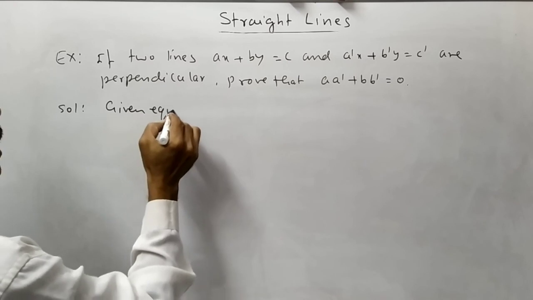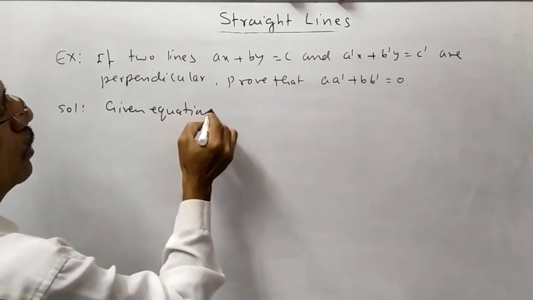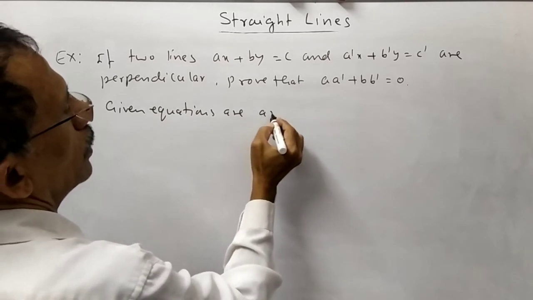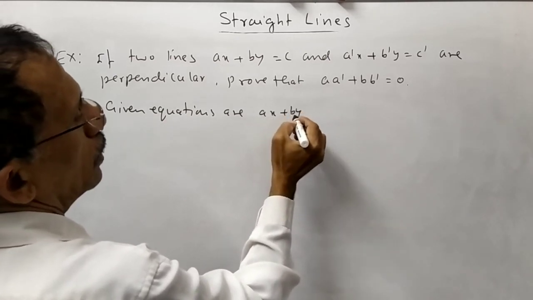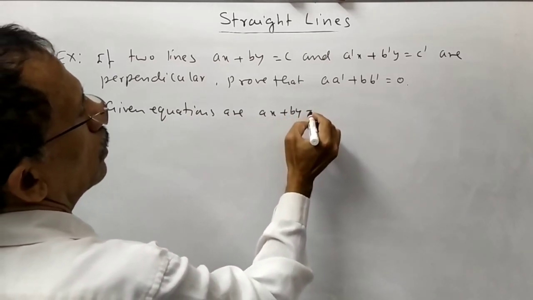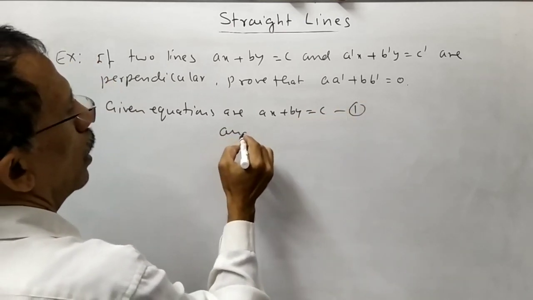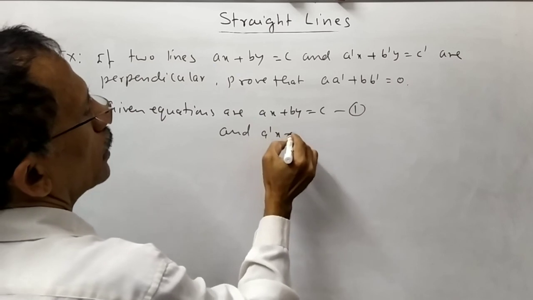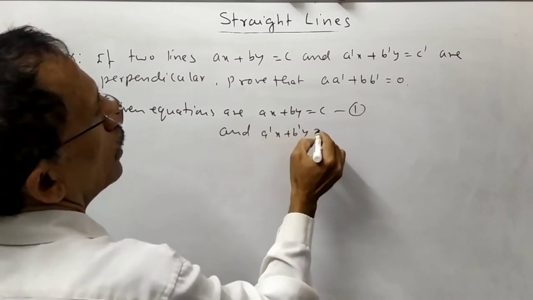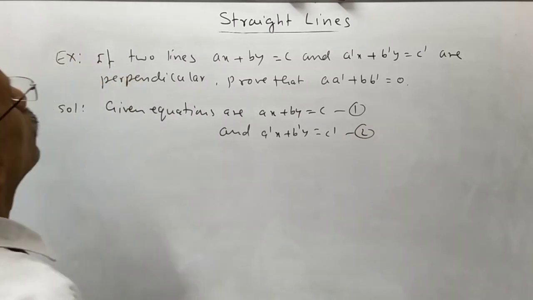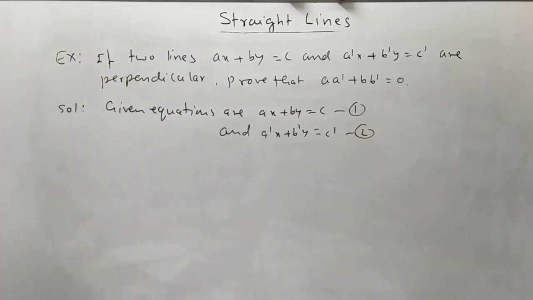Given equations are ax plus by is equal to c, say number 1, and a dash x plus b dash y is equal to c dash, say number 2.